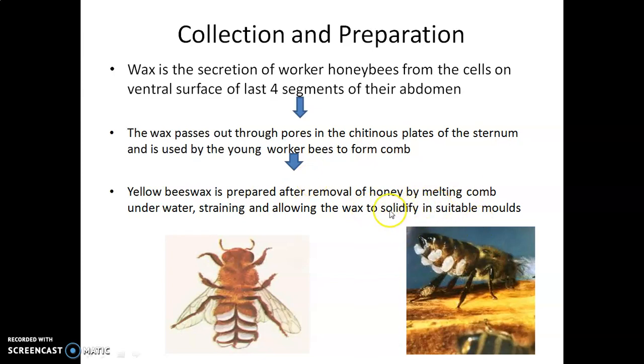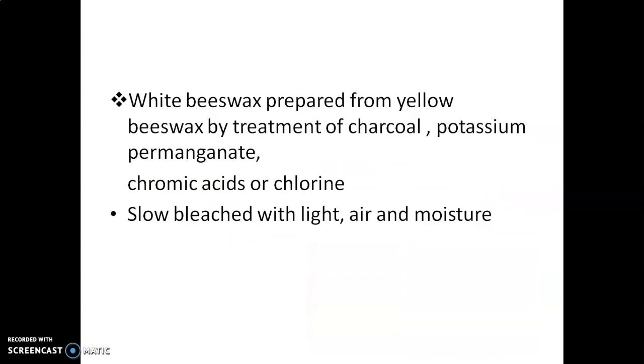This is the collection procedure of yellow beeswax, which is not bleached. Its bleached version is white beeswax, prepared from yellow beeswax by treatment with bleaching agents like charcoal, potassium permanganate, chromic acid, chlorine, etc., or by slow bleaching action of light, air, and moisture.